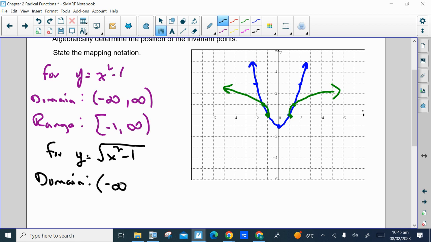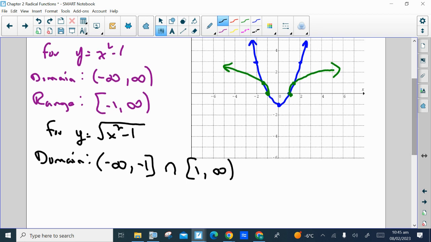It'll have to be from -infinity to -1, which is included. And this upside down u essentially is part of set notation. It means and, or union. And the second part of this will be from +1 to +infinity. The range would be from 0 up to +infinity.